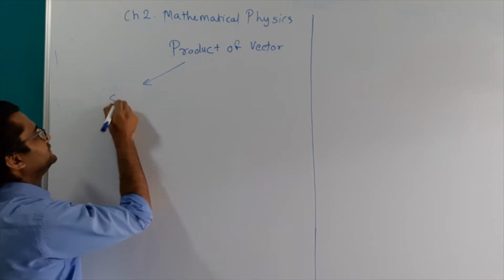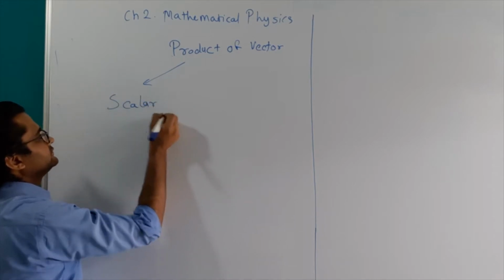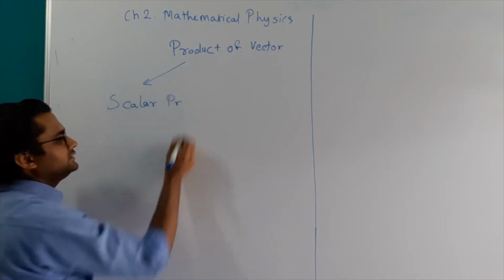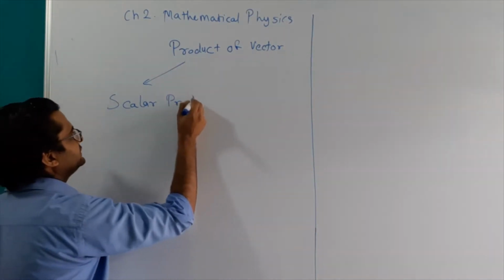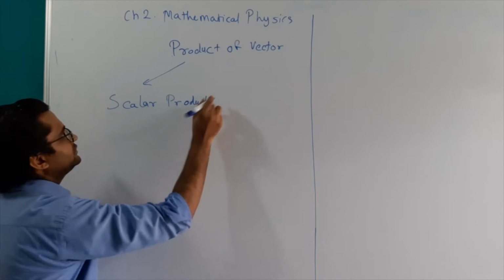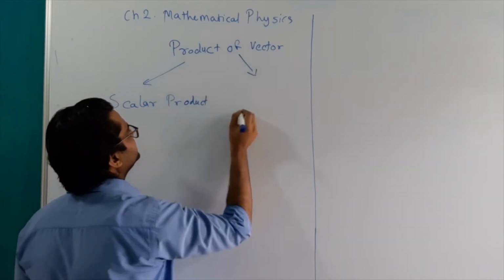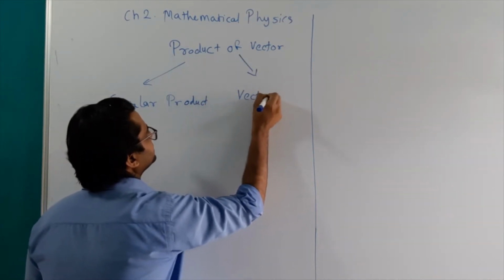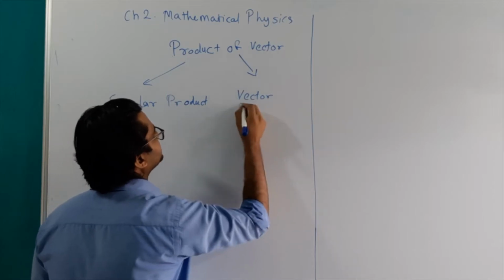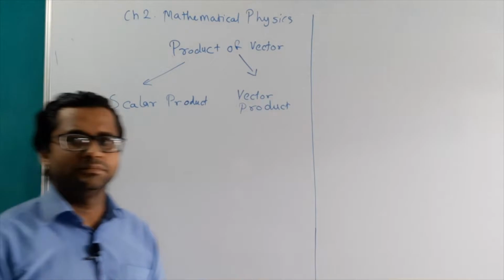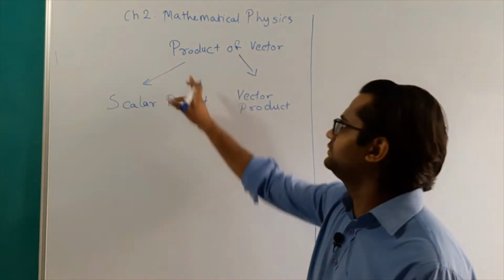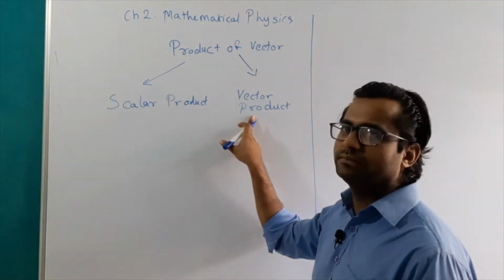Number one is scalar product. Don't confuse this with scalar multiplication. Scalar multiplication is different and scalar product is different. So scalar product of vector, and the second type is vector product of vectors. So there are two kind of products in vector: scalar product and vector product.